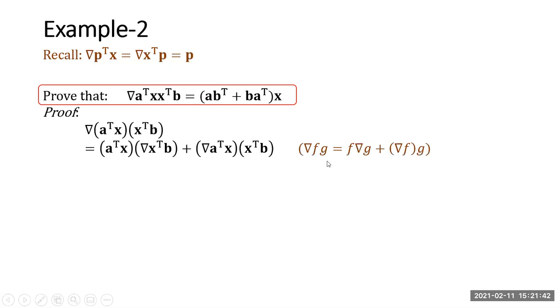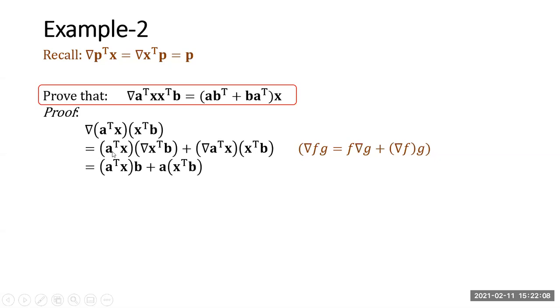Now, from calculus, we know that the derivative of the product of two functions, fg, equals the first function f times the derivative of the second function g, plus the derivative of the first function f times the second function g, right? And so we apply this familiar equation here.